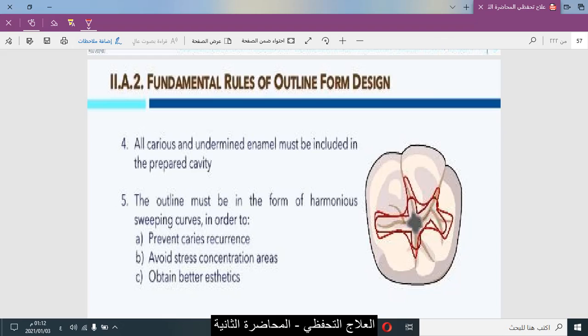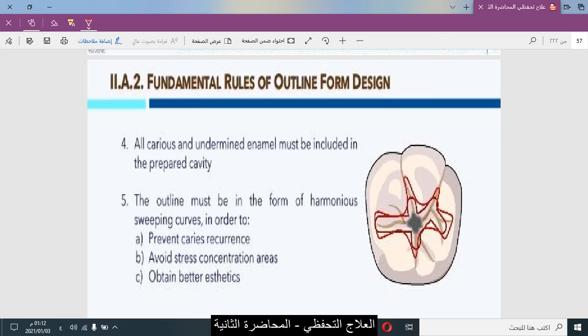Our internal outline, for example for amalgam and for ceramic, must be rounded to reduce stress and prevent fracture. Only for gold inlay we leave a sharp outline, to ease packing or condensing of the gold foil into the cavity.